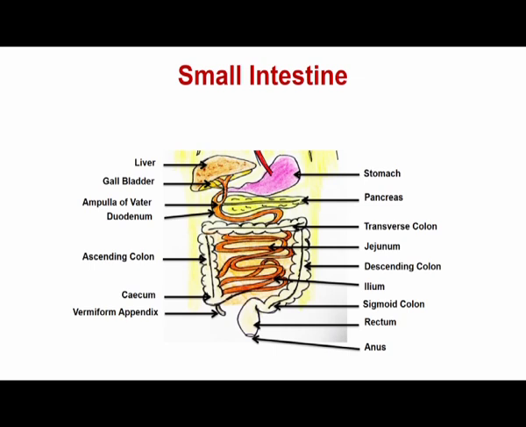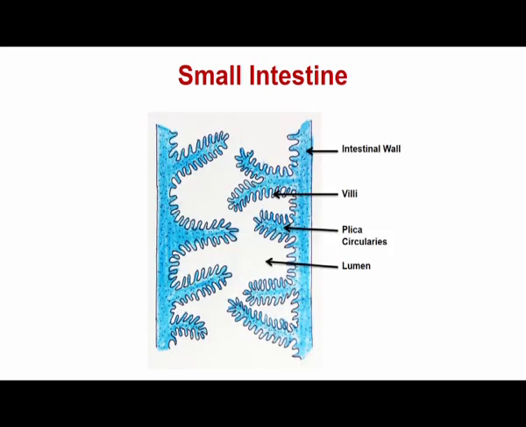Now, if you see a cross section of the small intestine, the anatomical structures making the inner lining are almost identical to what we discussed in the case of the stomach. The only difference is that it makes many more folds, and these folds are called the plica circularis.